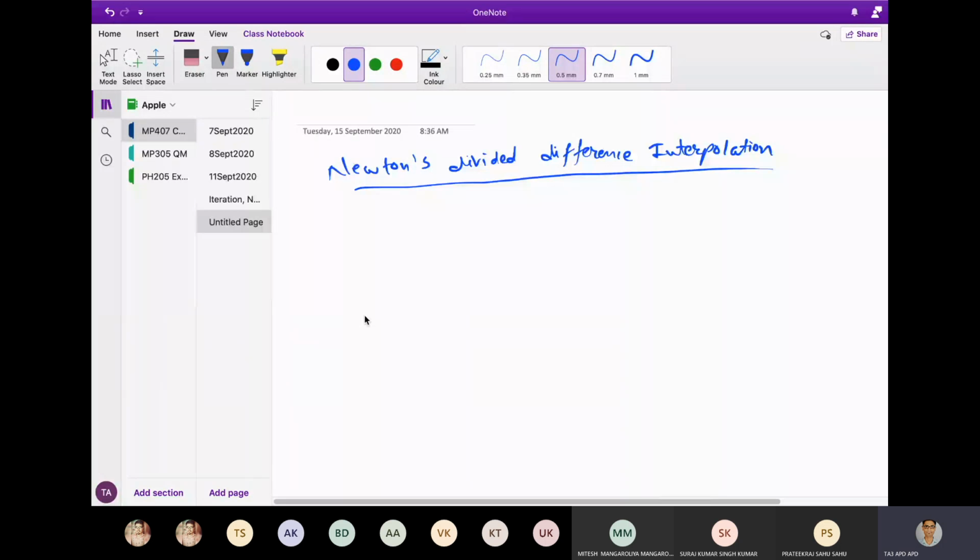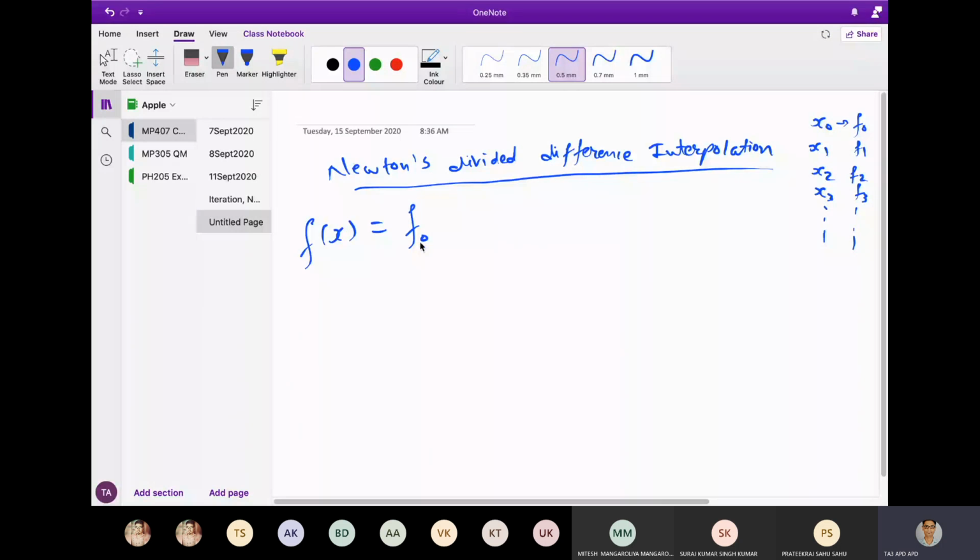So the general formula for the Newton's divided difference interpolation is first to obtain your function from the given data. So you have the given data x1, x2, x3 up to xn. For that you have f0, f1, f2, f3, and so on.